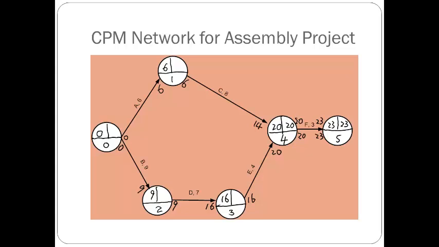Again the latest finish time is the same. When you come to here, the latest finish time is this value here, 20, and your activity takes 8 days to finish. So the latest start time for this C is 12. And here we only have one, so it's the 12 here.